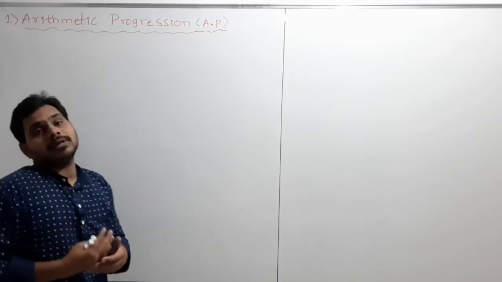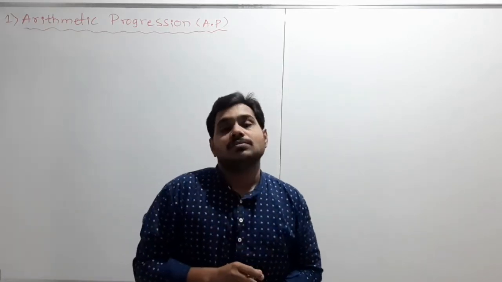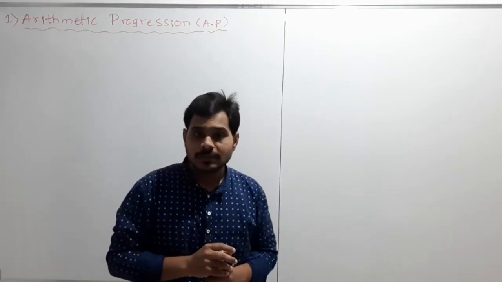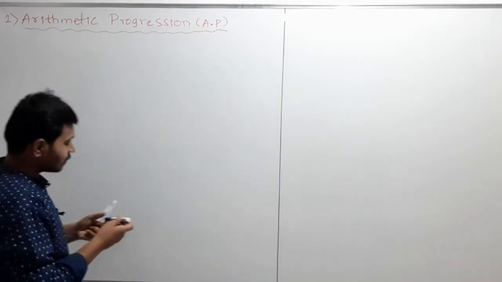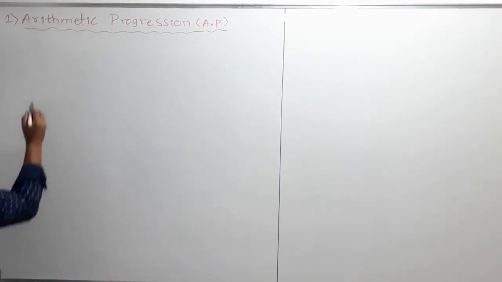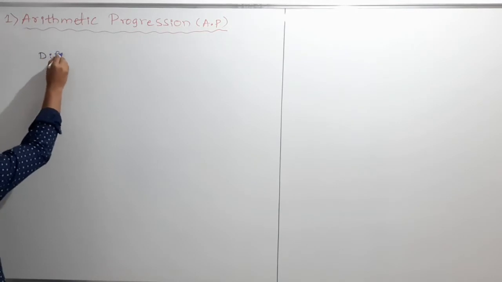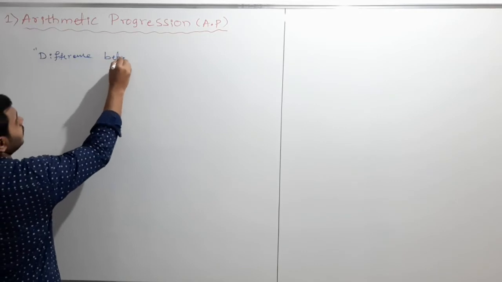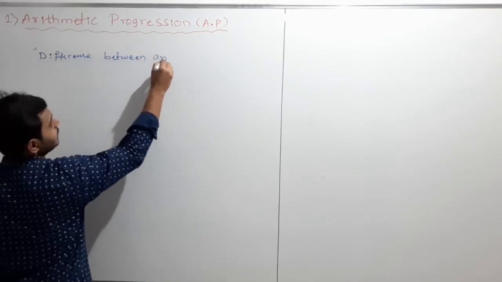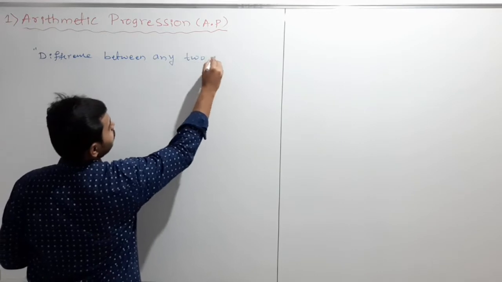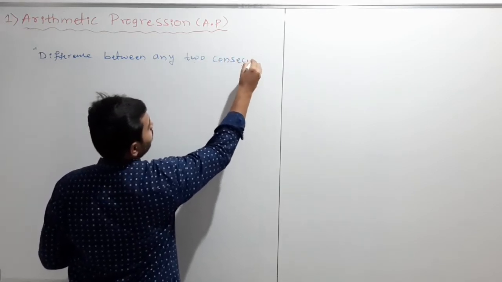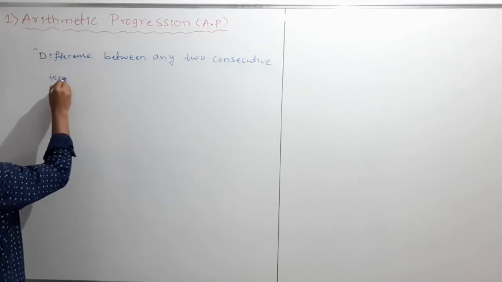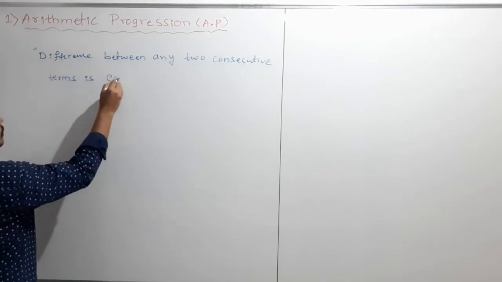So what is meant by arithmetic progression? Arithmetic progression means the difference between any two consecutive terms is constant. So the definition for arithmetic progression is: the difference between any two consecutive terms is constant.